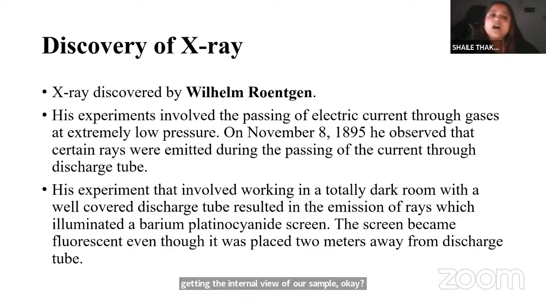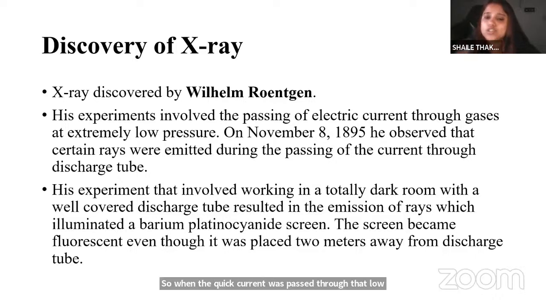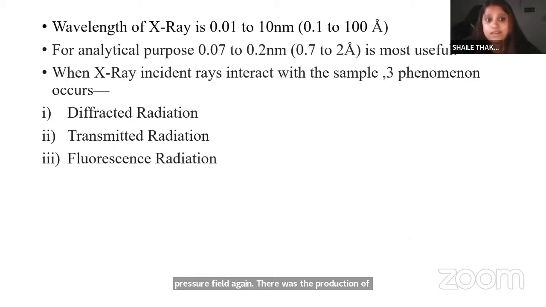Basically, the X-ray was discovered by William Röntgen, right? What type of experiment did he do? There was a tube in which low pressure gas was filled. When an electric current was passed through that low pressure gas, there was the production of a special type of ray, and that ray was named the X-ray, right?